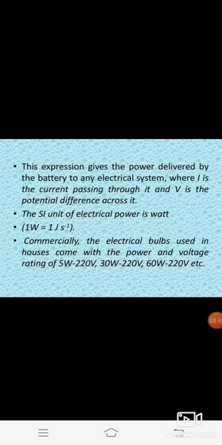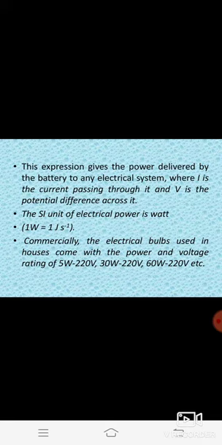This expression gives the power delivered by the battery to any electrical system, where I is the current passing through it and V is the potential difference across it. The SI unit of electrical power is watt. What is the SI unit of electrical power? 1 watt is equal to 1 joule per second.